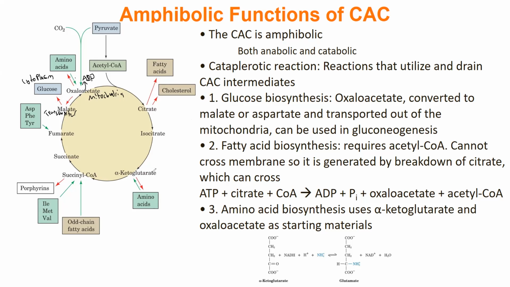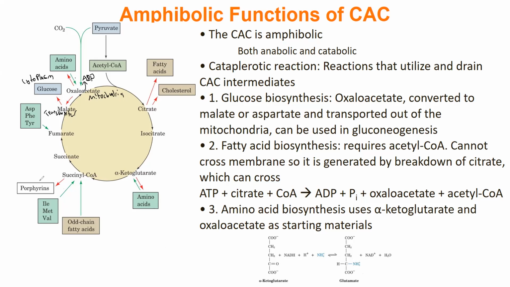Alpha-ketoglutarate, which I just mentioned with oxaloacetate, is a really good starting material to make amino acids. Alpha-ketoglutarate is also a big ammonia sink. You take your ammonia, attach it where the C double bond O is, and remove that C double bond O to make glutamate, and glutamate can be used to make a lot of different amino acids.